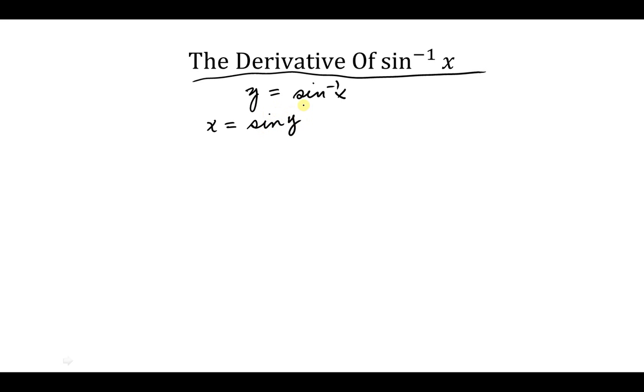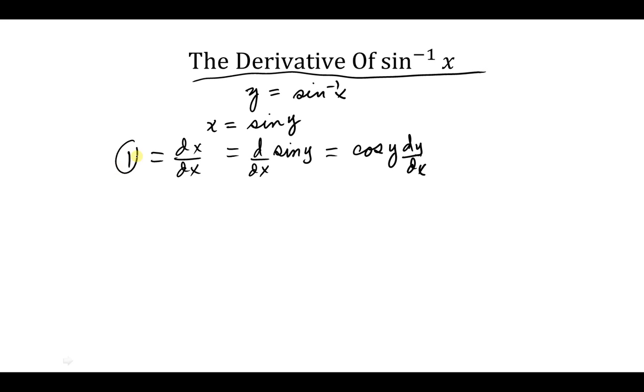So now I'm going to use implicit differentiation and take d/dx of both sides. So d/dx of sine of y is going to be cosine of y times dy/dx using the chain rule. And of course, on the other side, d/dx of x is 1.